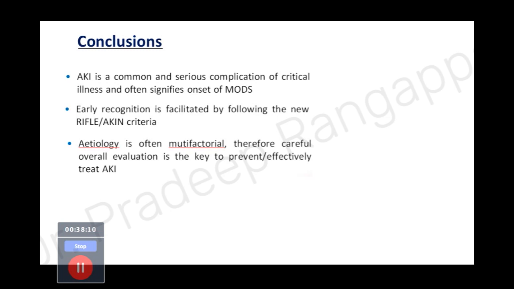And etiology in ICU, as you see, is not one factor. It is always multifactorial, and there is always a complex interplay of all the diagram I showed you. It may be a complex interplay of hemodynamic status, electrolyte abnormalities, sepsis, nephrotoxic drugs, or renal morphological abnormalities like calculi or post-obstructive reasons.